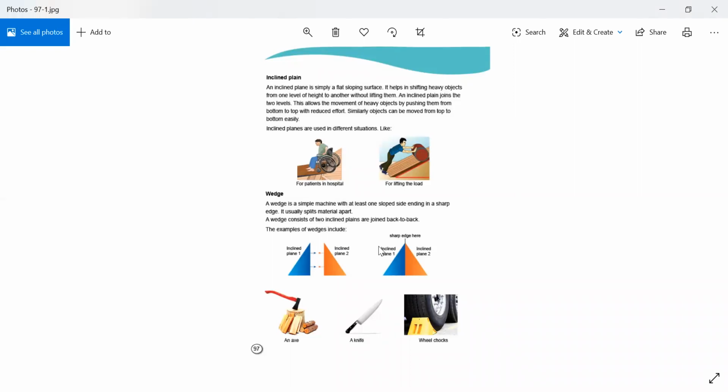For example, wheel chocks. We call this a wedge as well, used to stop the car so that the car cannot move. It has a sharp edge here, inclined plane 1, inclined plane 2. It means you can place the car here as well.